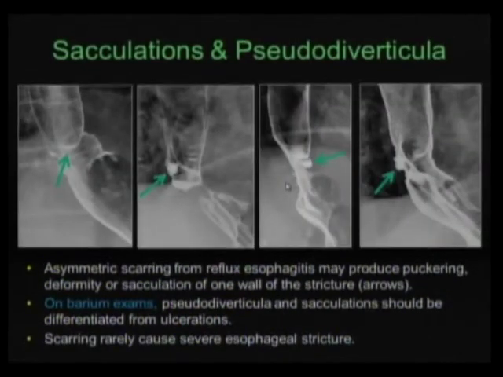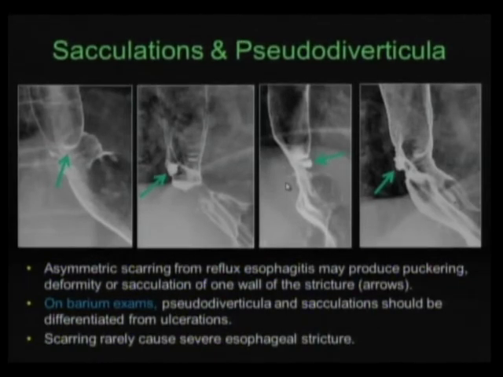Due to the scarring of the esophageal mucosa, we can see sacculations, the same mechanism as Crohn's disease. So you see one asymmetric involvement with a stricture, and this produces a sacculation on the opposite wall.